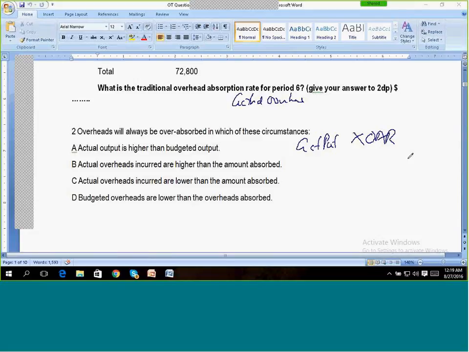So the difference between those two, actual overheads are 110 and 90, is an absorption of 20.